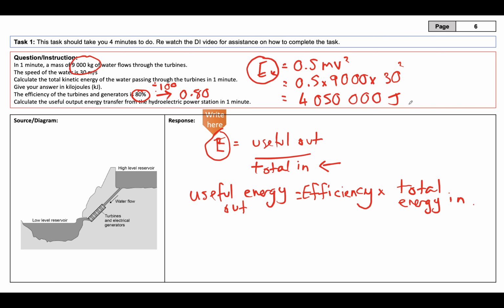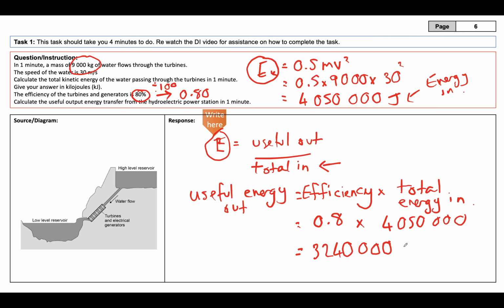So that's our energy in. Now we need to substitute into our equation the efficiency. I turned into a decimal, which was 0.8, and then the total energy in was 4,050,000. Chuck it into the calculator, and that gives me 3.24 million. So 3,240,000 joules.